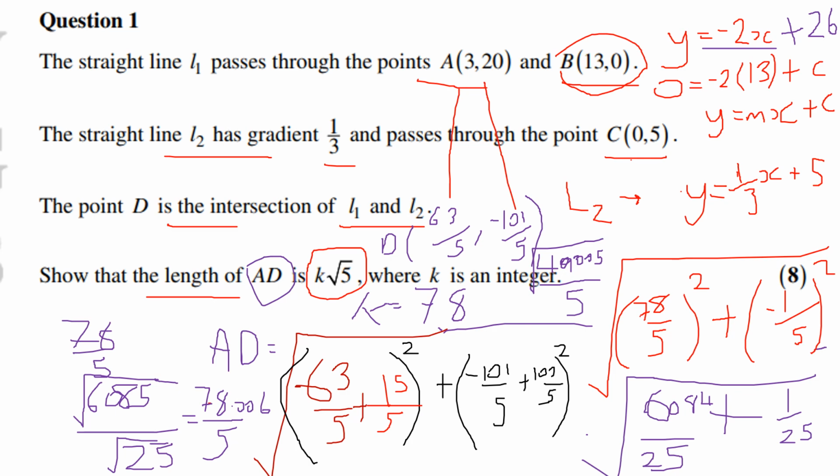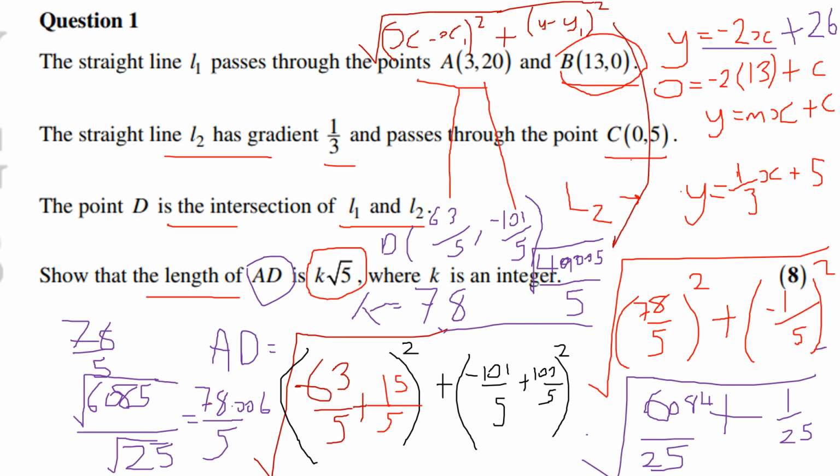Okay, so it is meant to look something like this, where x and x1 are your coordinates, plus y minus y1 all squared, square rooted. When I did it that way, I got this answer.